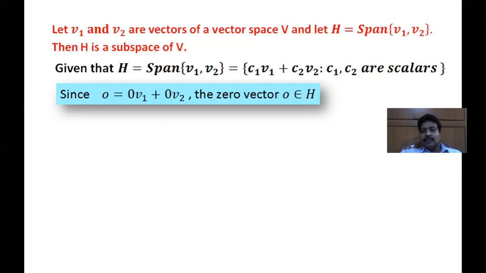For the convenience to distinguish the scalar 0 and vector 0, I am calling it O, as we are taking U, V, W as our vectors. So 0 V1 is equal to O, zero vector, and 0 V2 is also O, another zero vector. So O is zero vector plus zero vector.